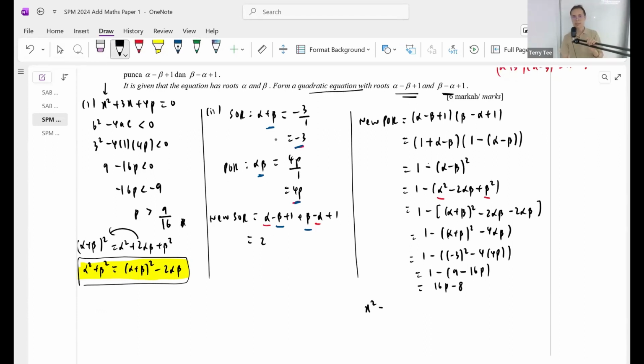X squared minus new SOR. My new SOR is this, and new POR is this. So the formula is always minus new SOR, which is 2. Maybe I just write 2 straight away, followed by X, and new POR, 16p minus 8. The result is equal to 0.